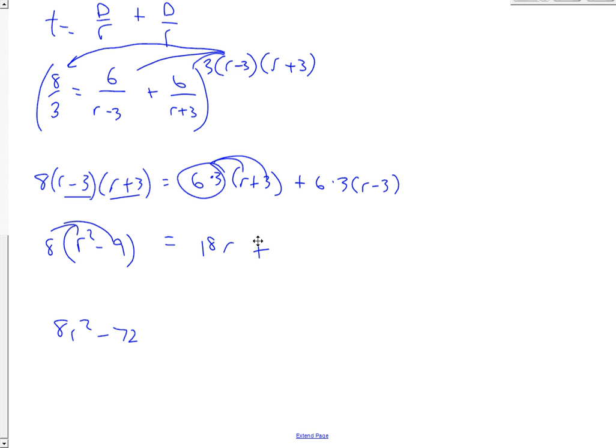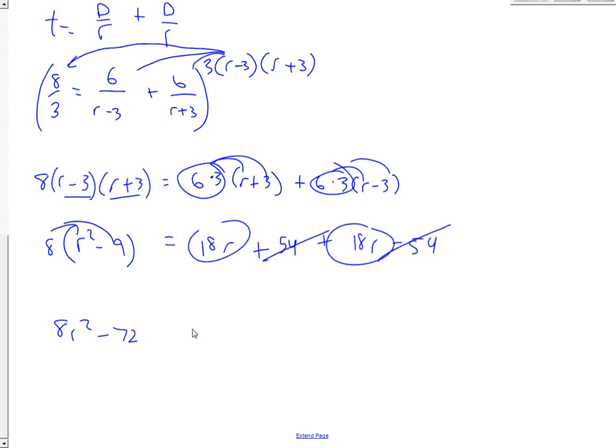Let's see here. 18 times 3 is 54. And then we have 18 again. We're going to distribute, and we will get plus 18R minus 54. The 54s will cancel each other out. 18R plus 18R is 36R.